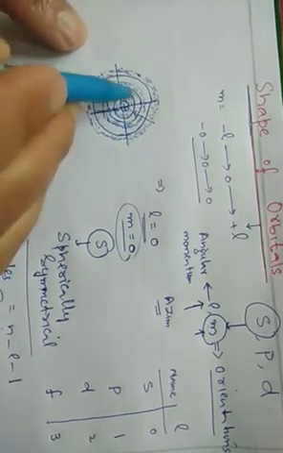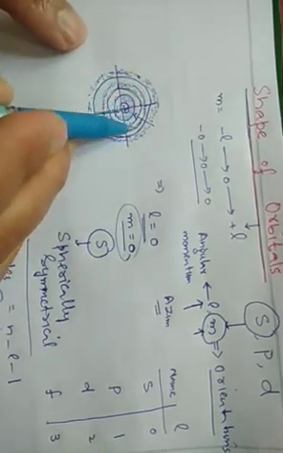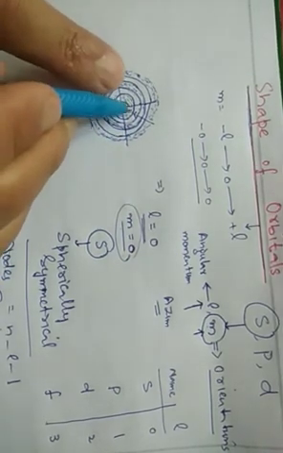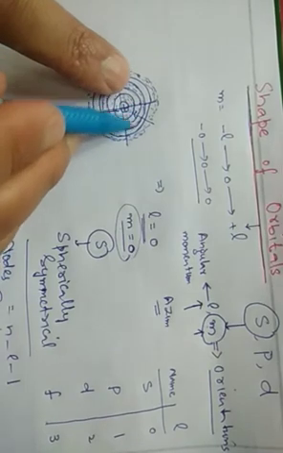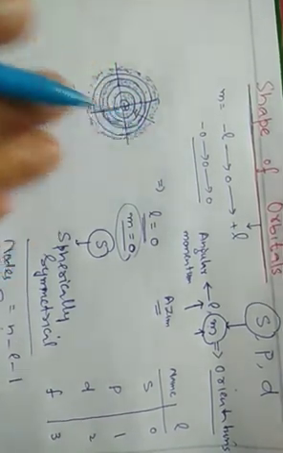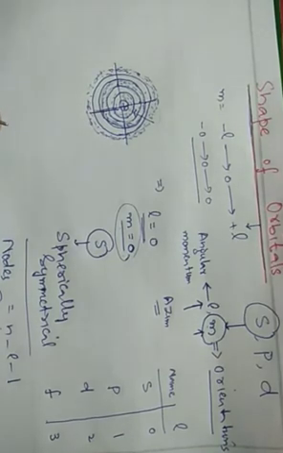Now you can clearly see here, this is the nucleus, electron density, 1 node, then again electron density, then 2 nodes, and then again electron density. So this is the spherical shape of 1s, this is 2s and then 3s.